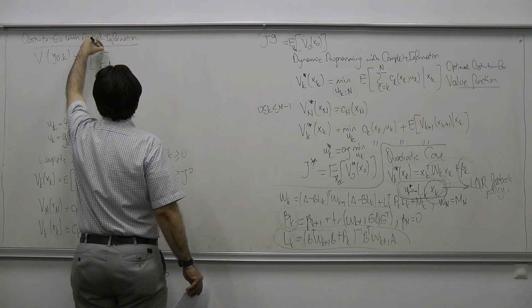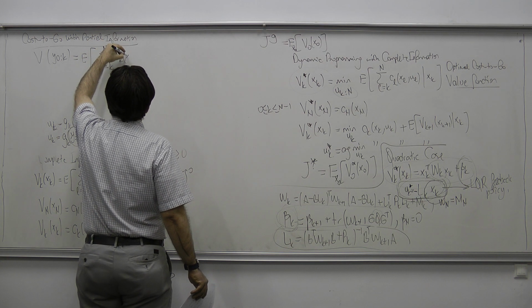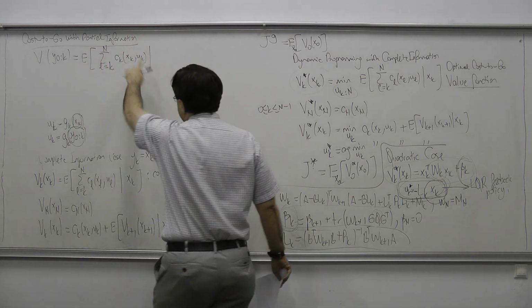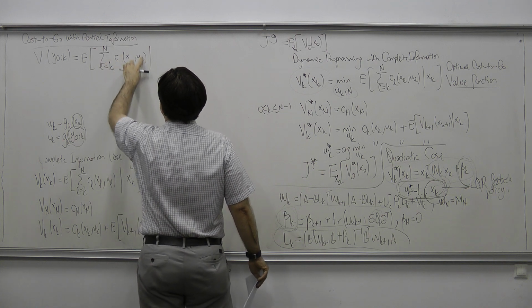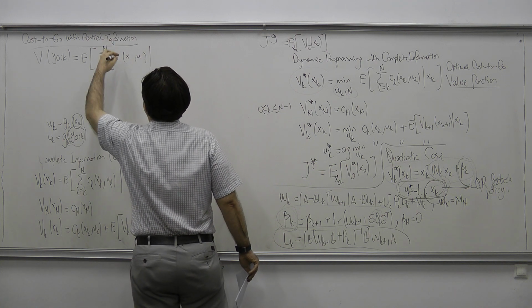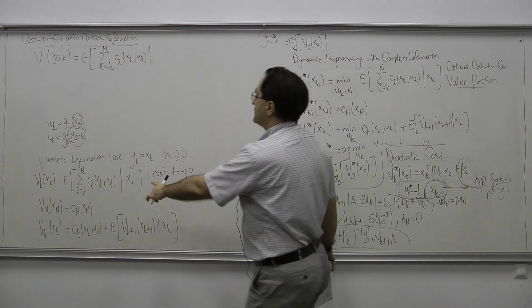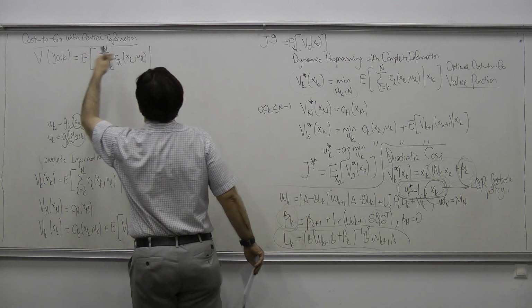from K to N, and I would have here CK, XK, UK, and in the given condition I have the same quantity here. So I have CL, XL, UL here, and in the given condition, instead of XK, I'm going to put Y0K.